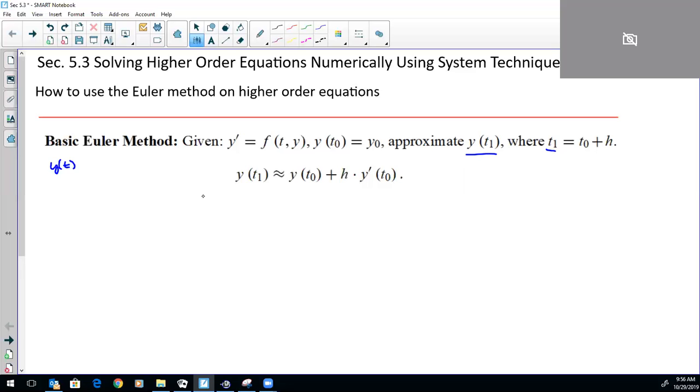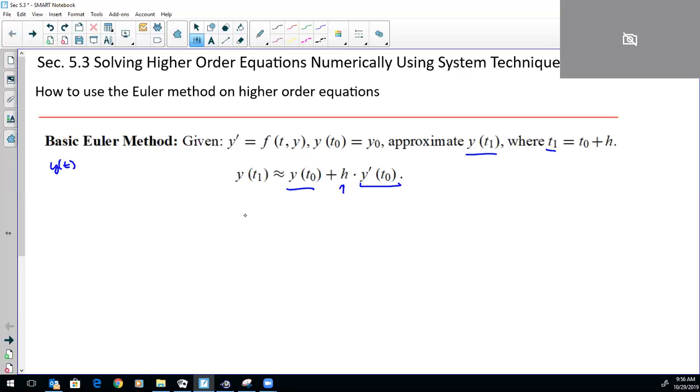And Euler's approximation here is basically based on the differential in calculus 1. The value of y at t1 is approximately the known value plus, well, you go out the derivative, the tangent line, this distance. If you take your known value plus this bit, you get something that's approximately equal to y1.